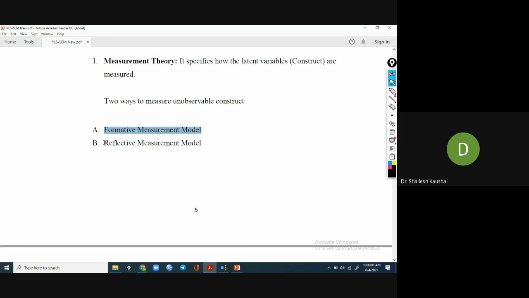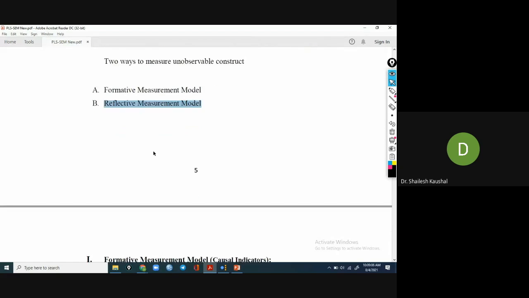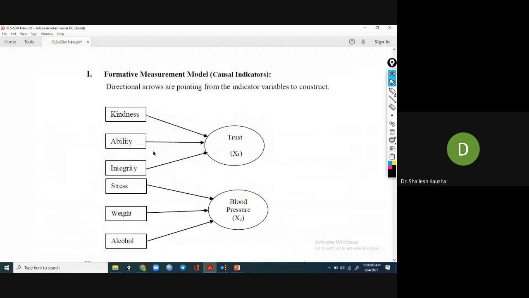Another is the reflective measurement model. So a measurement model may be of two types, formative and reflective. In the formative measurement model, the causal indicators, the directional arrows, point from the indicator variables to the construct. So these are the indicators: kindness, ability, integrity. These are forming trust. Trust can be developed if someone has high kindness, ability, integrity.